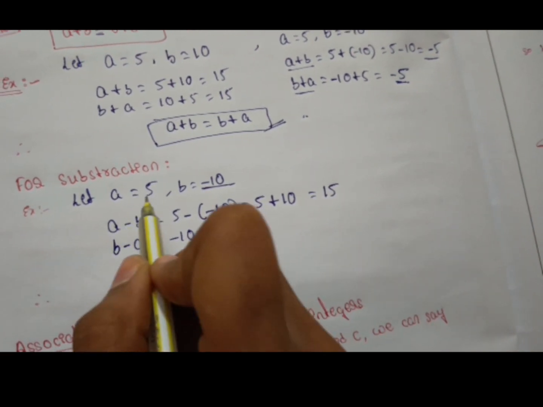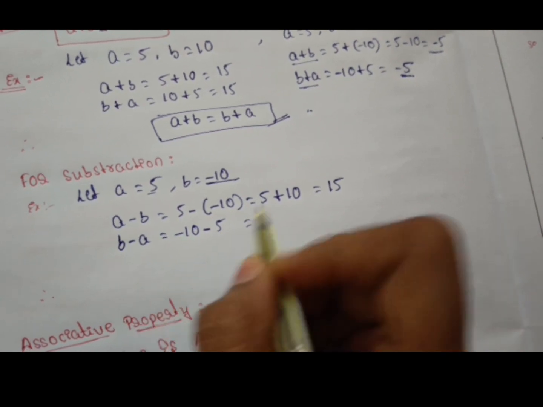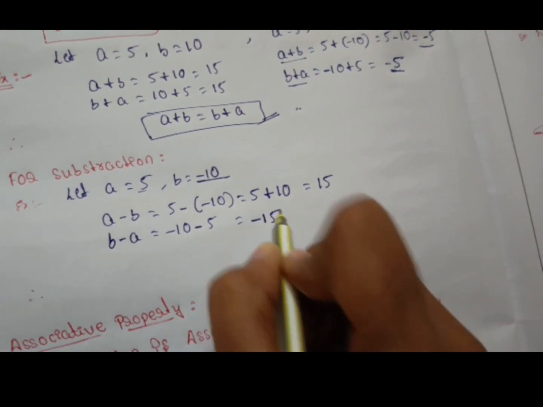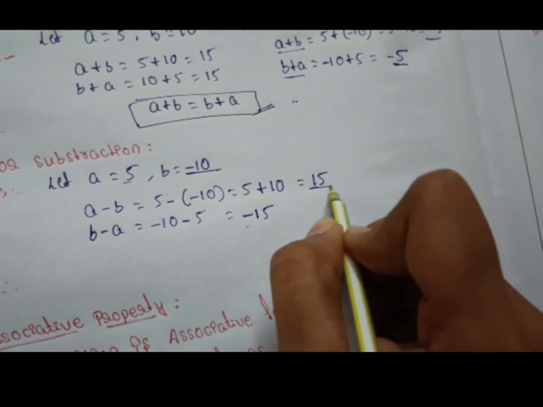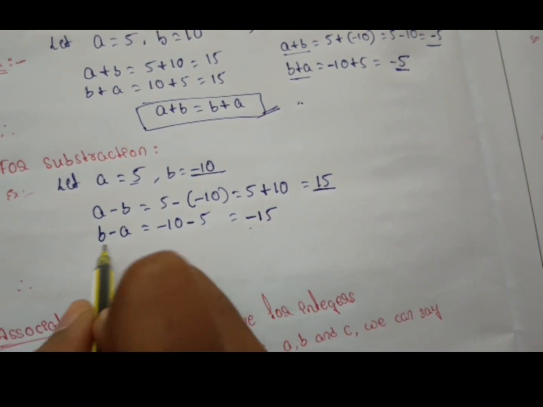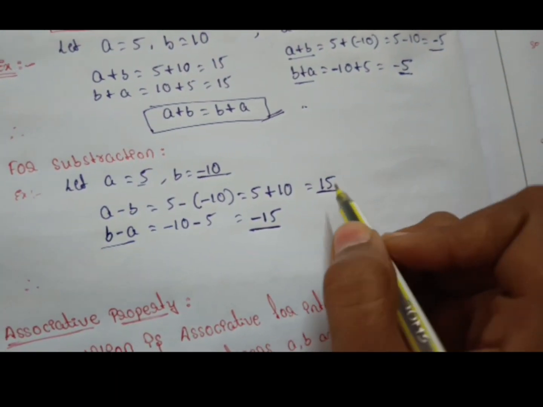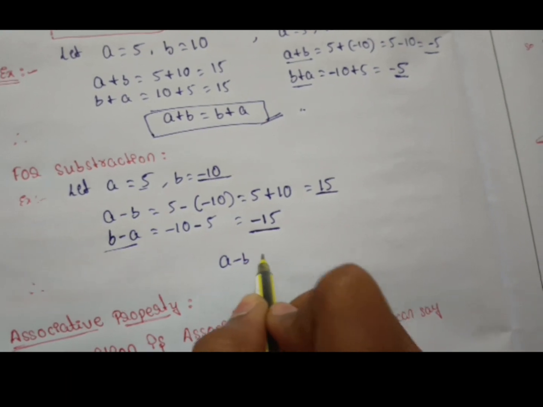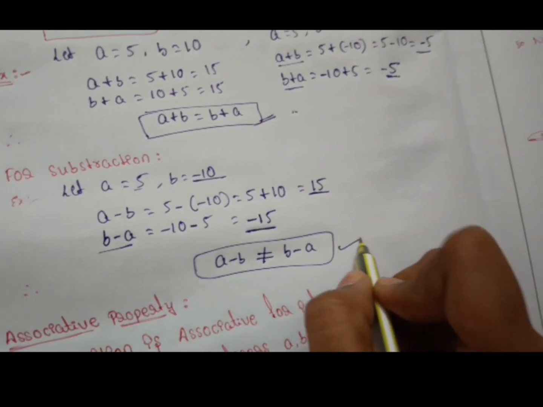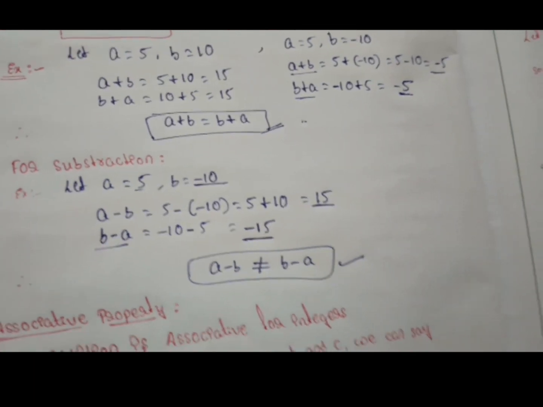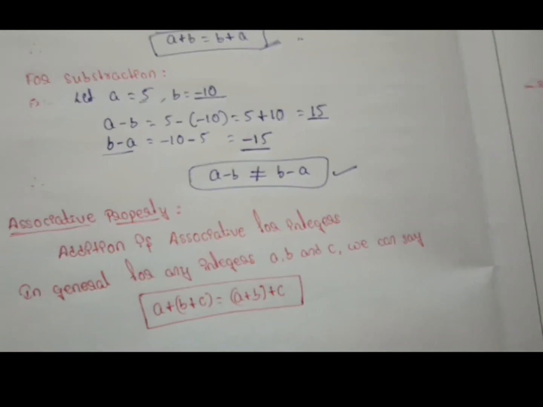Minus a is equal to 5. So minus 10 minus 5 is equal to minus 15. See, a minus b is equal to 15. But when we solve b minus a, we will get minus 15. Both are not equal. So a minus b is not equal to b minus a. So therefore, commutative property is not satisfied for subtraction in terms of integers.